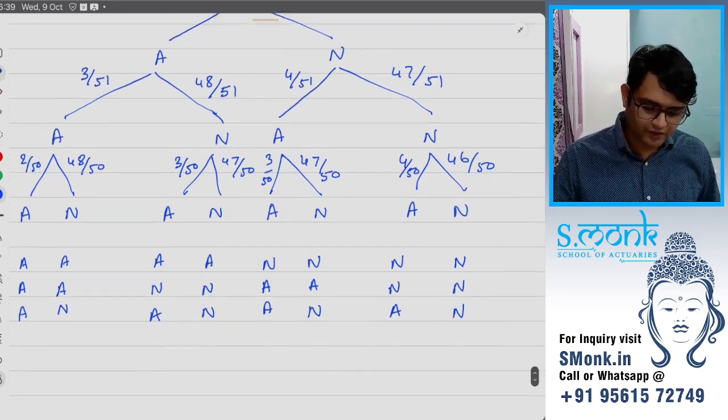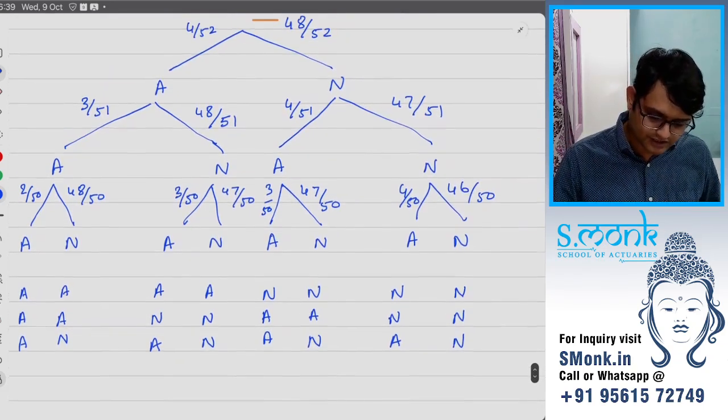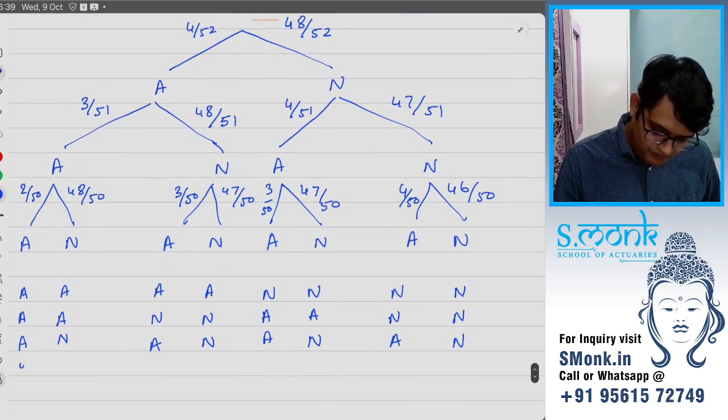And probability of getting all 3 aces would be 4 by 52.